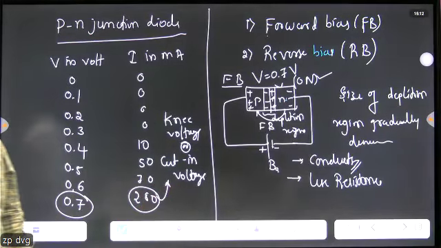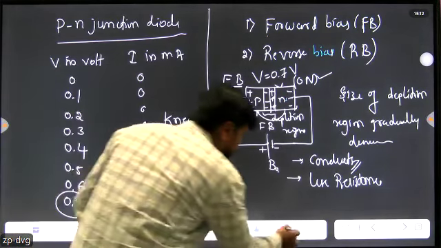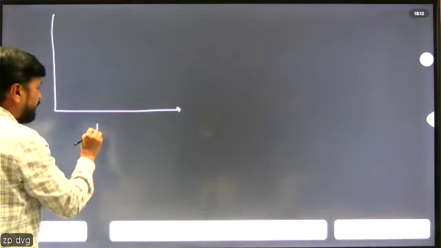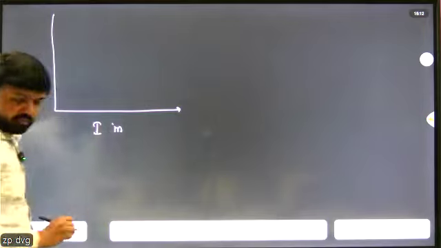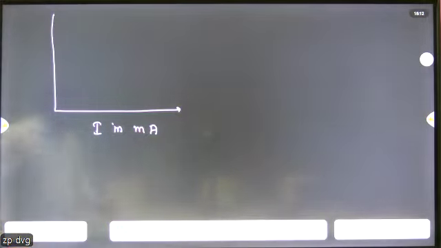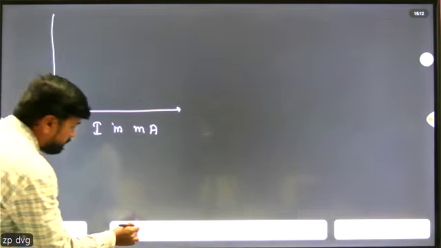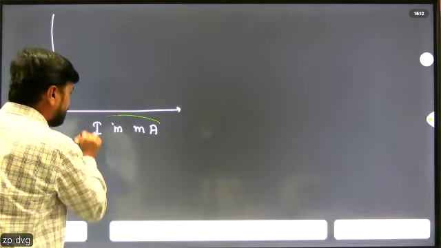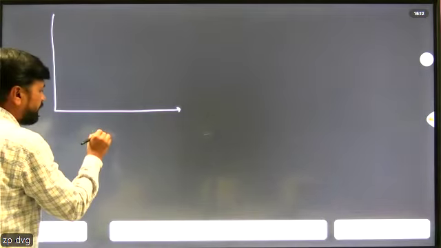Exponentially. We can plot a graph in forward bias, I in milliampere and V in volt.